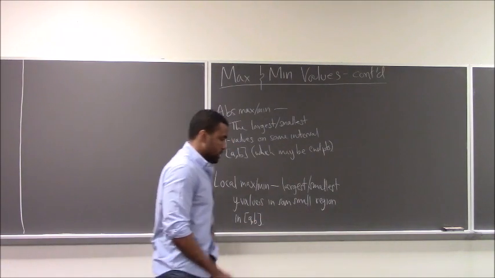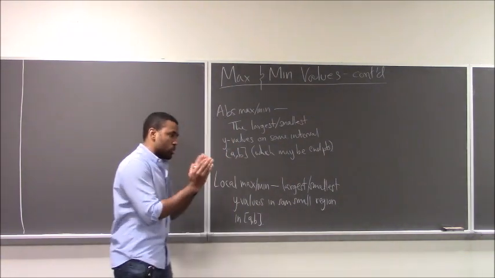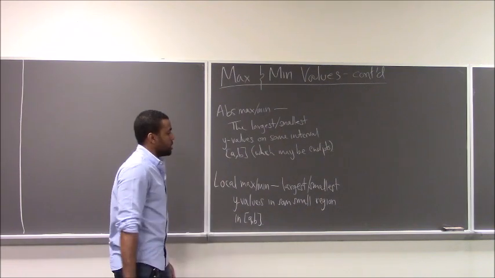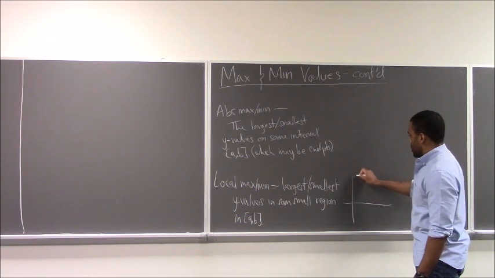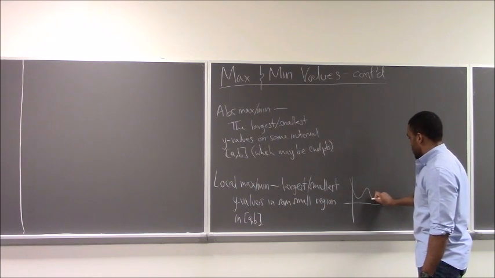So we discussed that this was really about local, when you zoom in and you're in some small region. So you can have a graph like this.